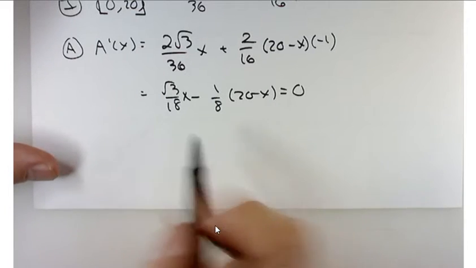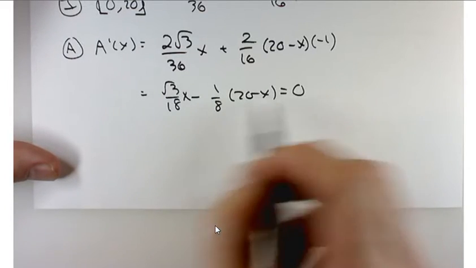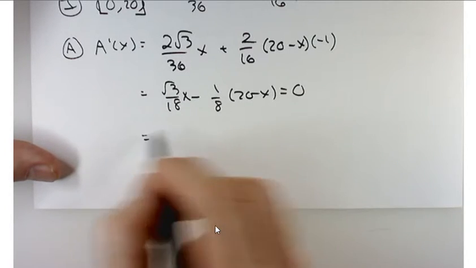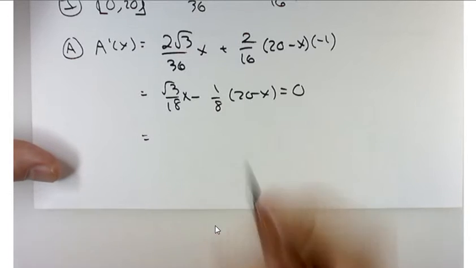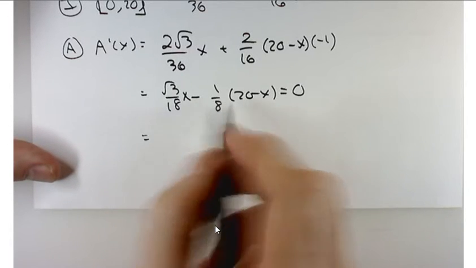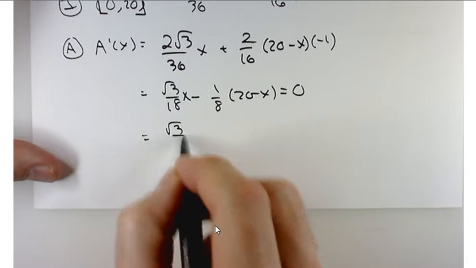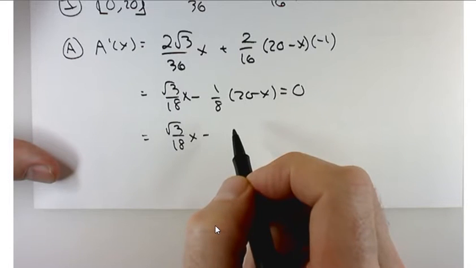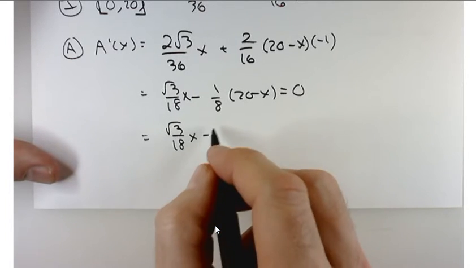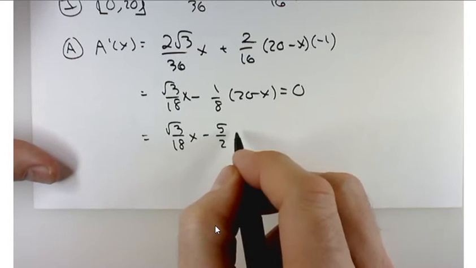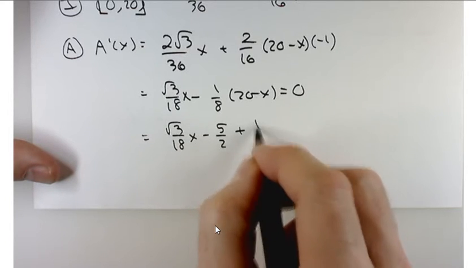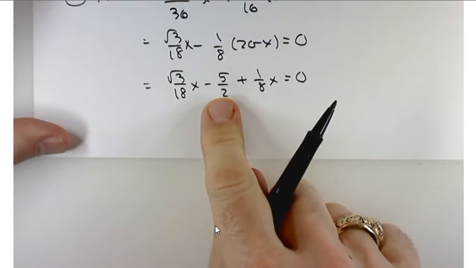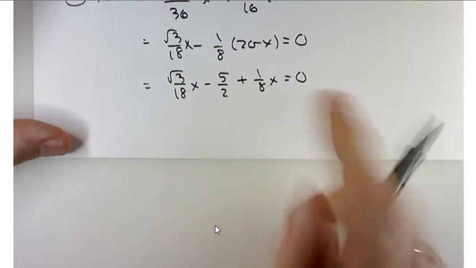Okay, so let's set that equal to 0 and solve. That's going to look ugly. Distribute the negative 1/8. Square root of 3 over 18 x minus 20 over 8 is going to be 2.5, so we'll call it 5 halves, minus 5 halves plus 1/8 x. I'm going to move the 5/2 to the right-hand side.